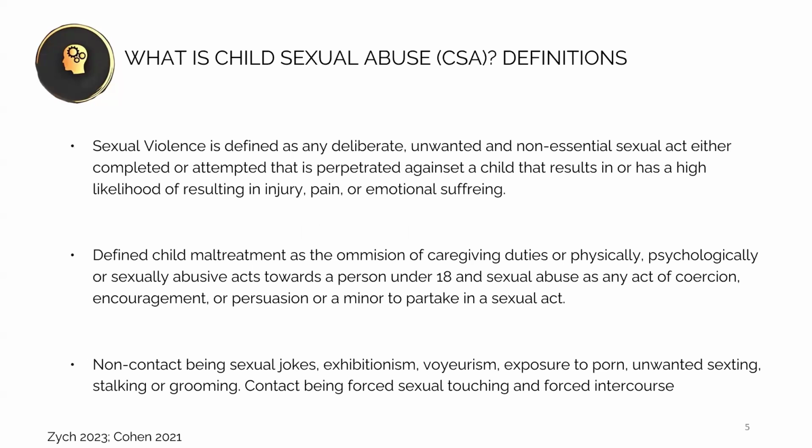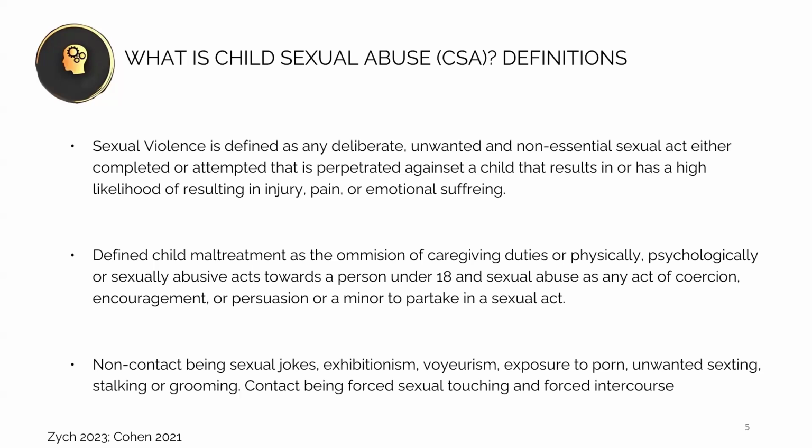So, what is child sexual abuse? Well, there's various definitions of what that means. And so a couple of them are that sexual violence is defined as any deliberate, unwanted, and non-essential sexual act that's either completed or attempted that is perpetrated against a child that results in or has a high likelihood of resulting in injury, pain, or emotional suffering.